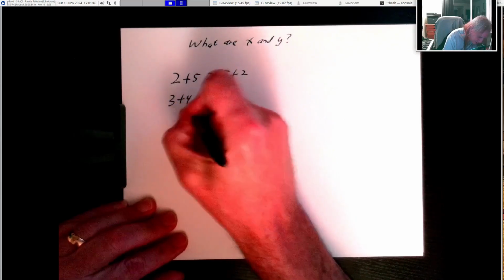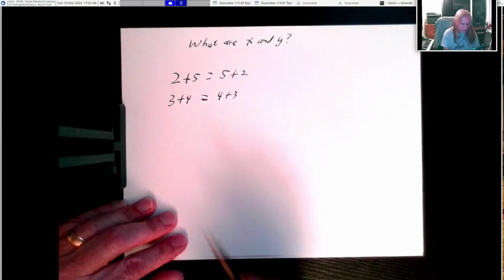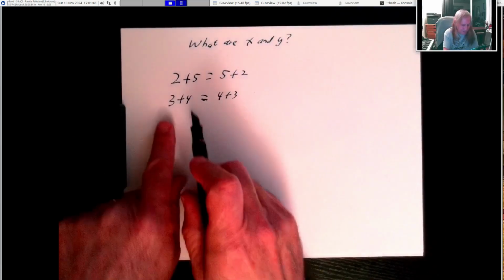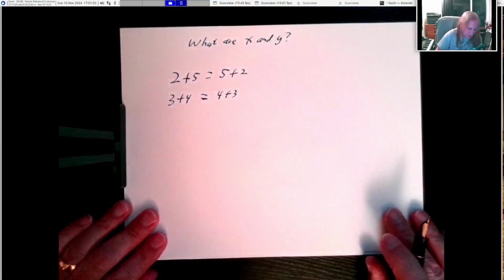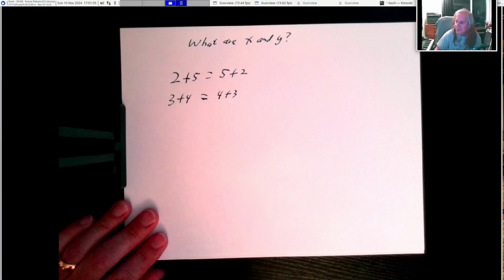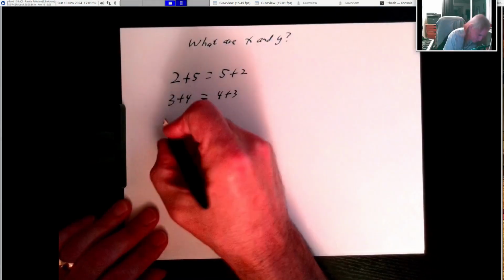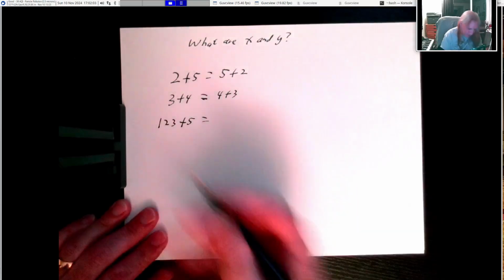3 plus 4 equals 4 plus 3. Yeah, that's certainly true. This is 7, this is 7. So it's looking like when I do addition, I can swap the order of these things and get the same number. Well, maybe that's a coincidence also. Maybe it's just because these added up to 7. Let's try something else. 123 plus 5, that's 128.